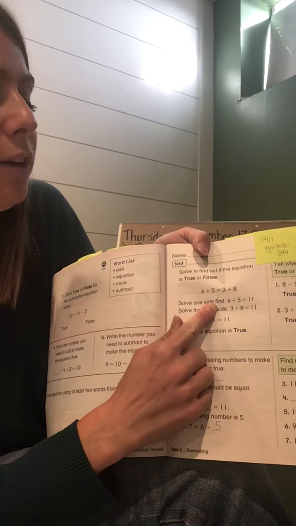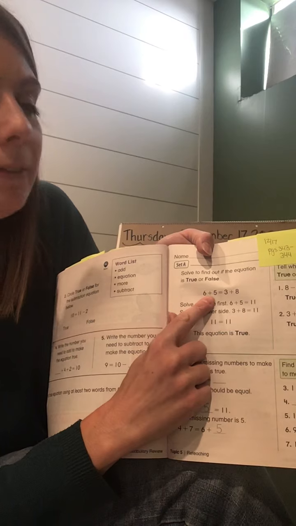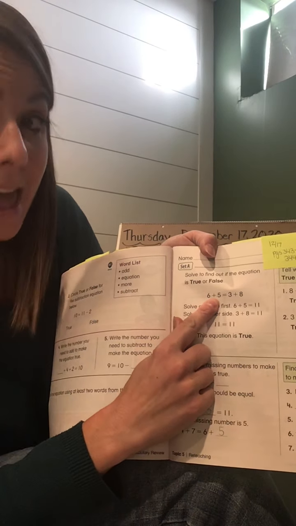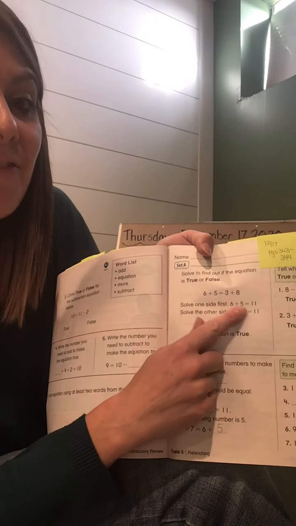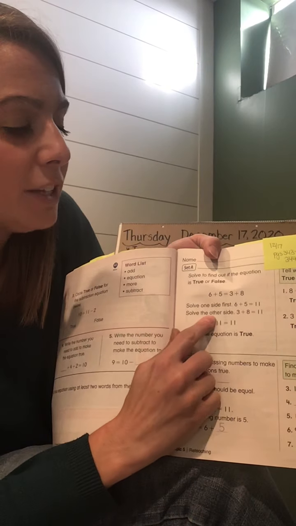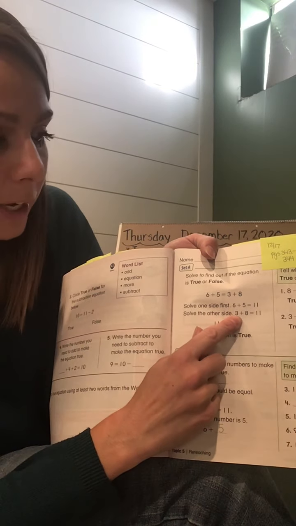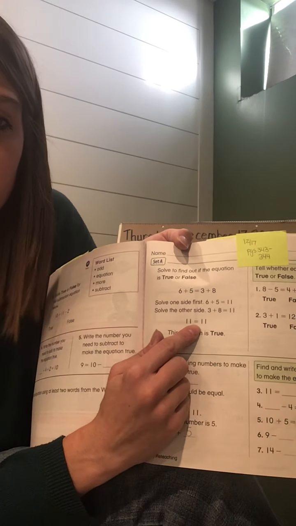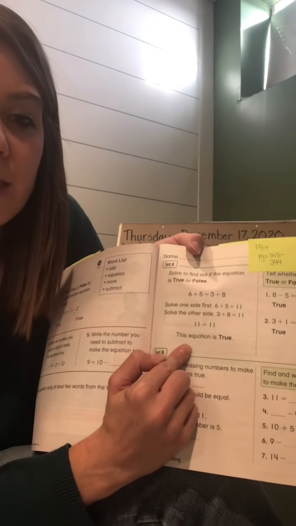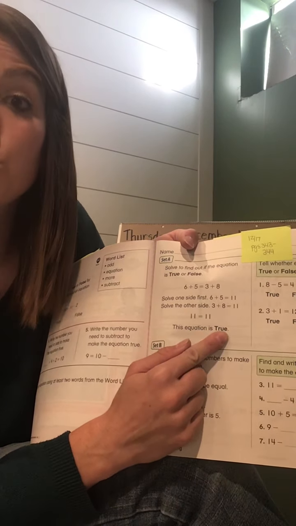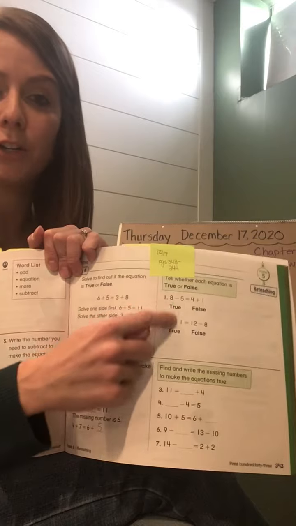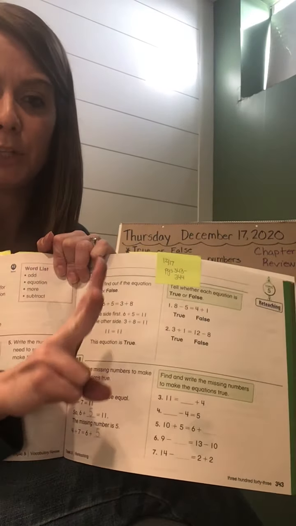They remind you that you solve one side first. So let's look at this 6 plus 5. And they figure out that that's 11. Then they solved the other side. 3 plus 8 equals 11. So look, 11 equals 11. This equation is true. So you will practice on your own over here for number 1 and number 2.